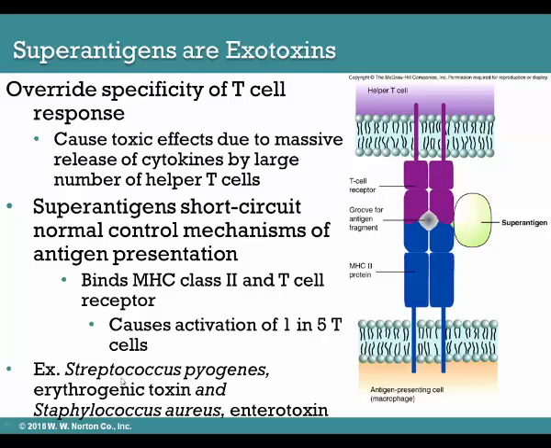Examples of this are the causative agent of strep throat, Streptococcus pyogenes, which has an erythrogenic toxin, and the Staphylococcus aureus enterotoxin, which is the cause of foodborne intoxication.